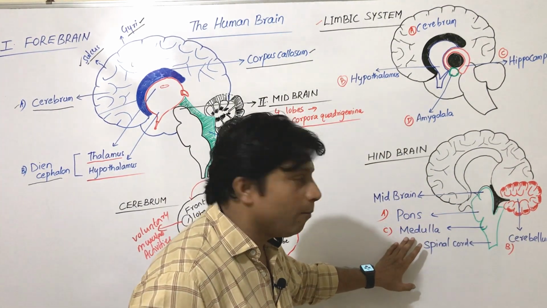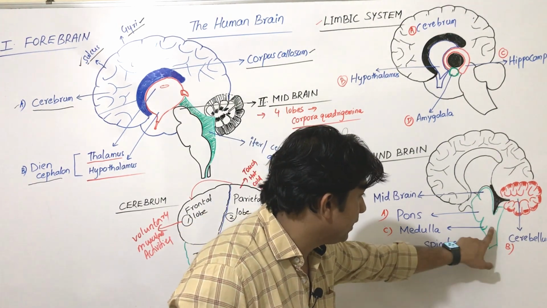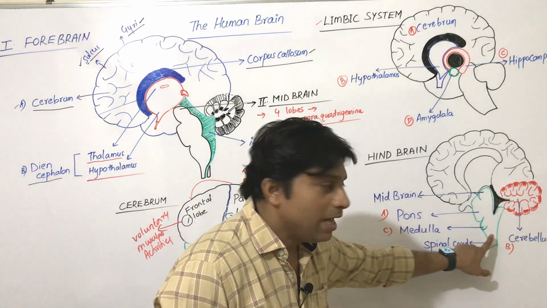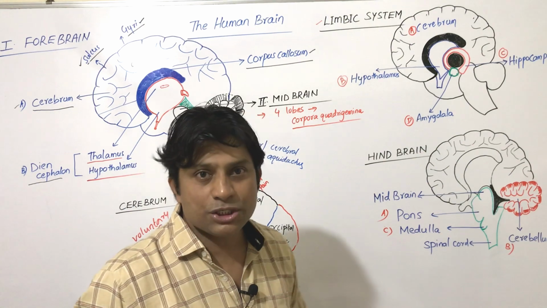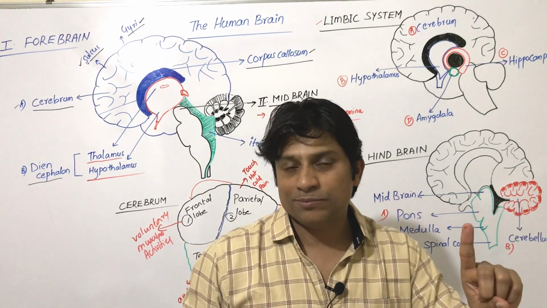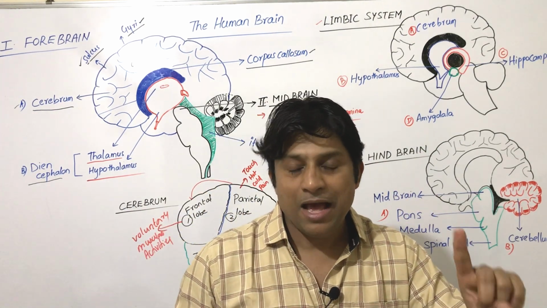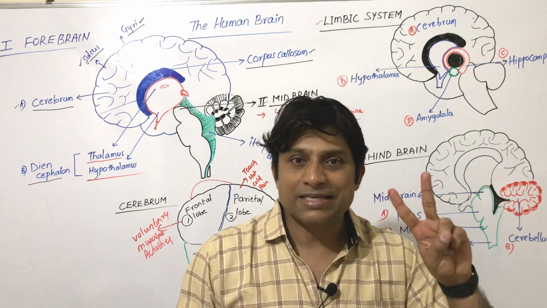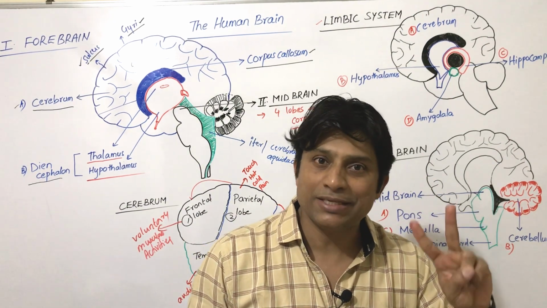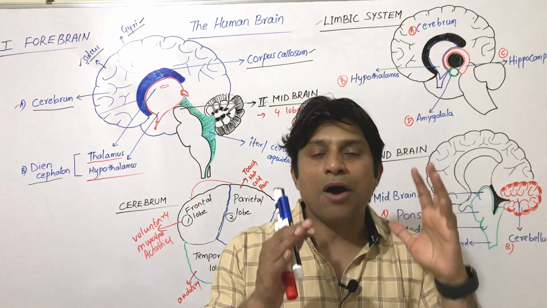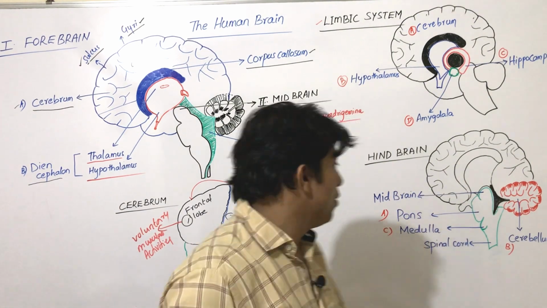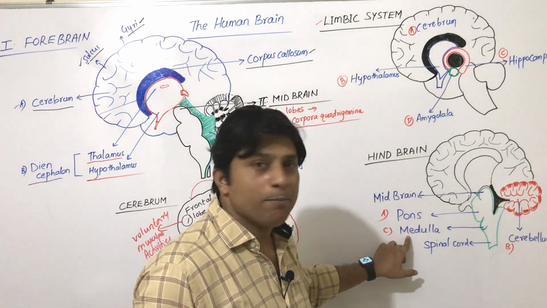Next, medulla oblongata is connected to the spinal cord, and medulla controls respiration, breathing rate, and also it has gastric secretions controlling centers, and also cardiovascular centers are located in the medulla.